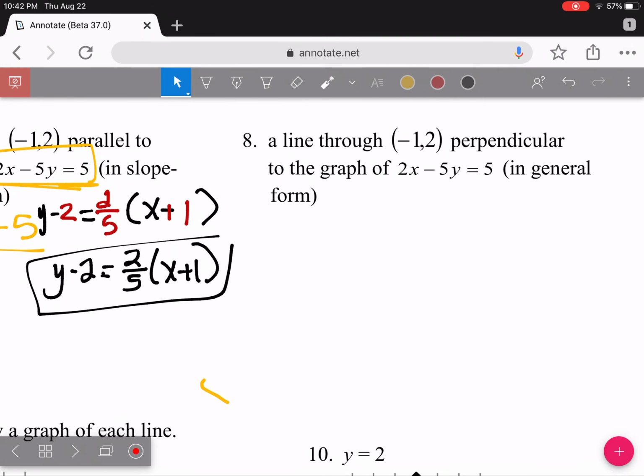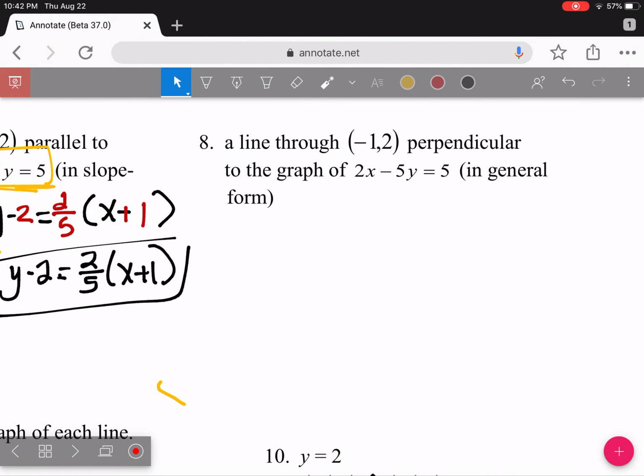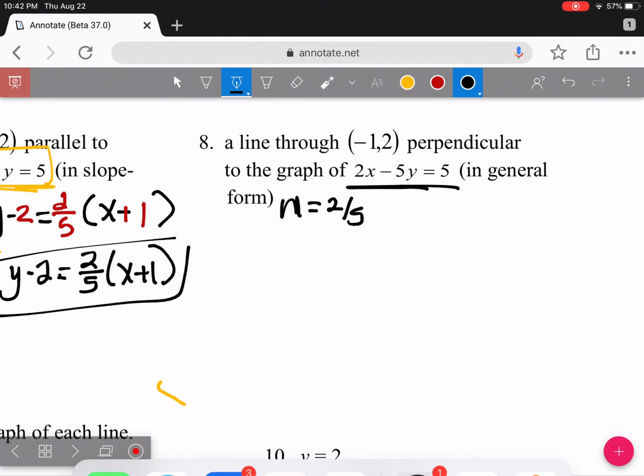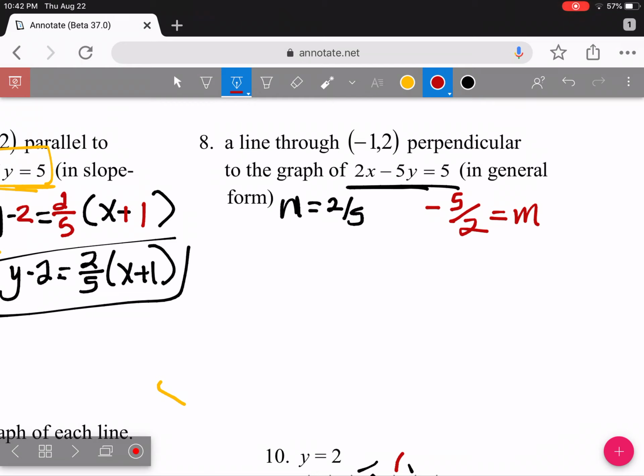All right, let's do one that's perpendicular. Well, we already know the slope of this line is 2/5. So to find a perpendicular one, we need to do the opposite reciprocal, so we need to flip it and change the sign. So that's the slope of our new line. We're going to start by writing it in point-slope form because we have a point and a slope.